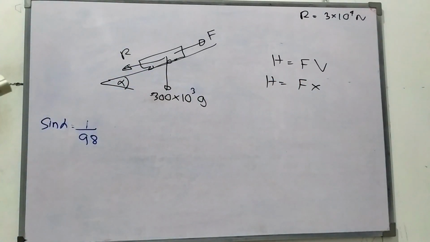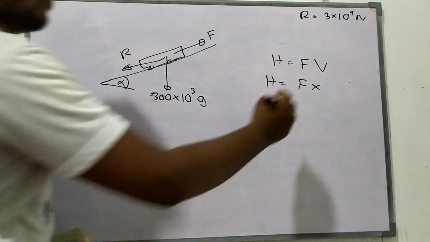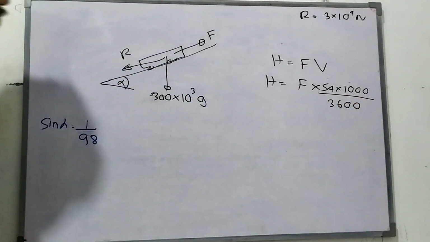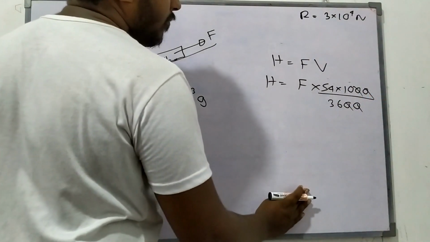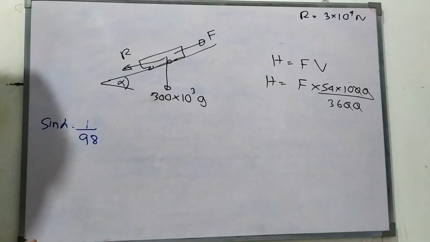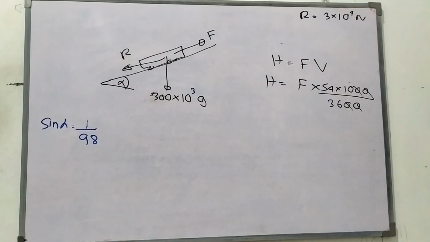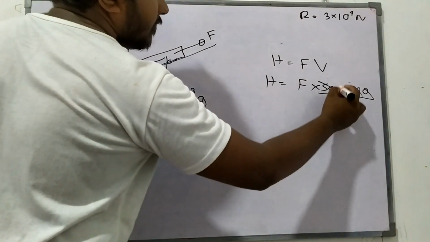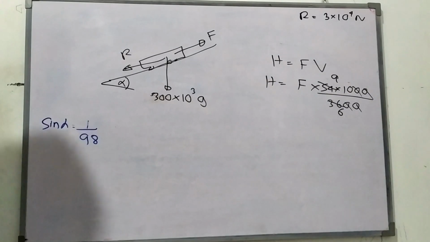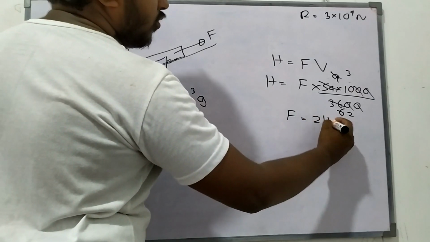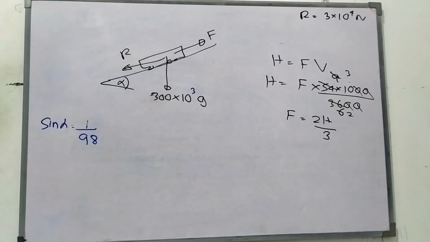The velocity means 54 km per hour. Two H over 3. This is the force, right?